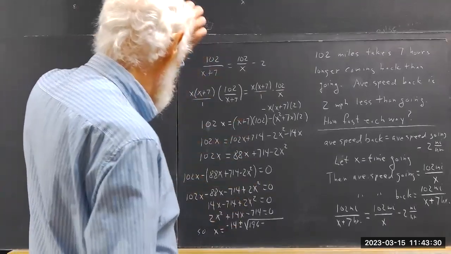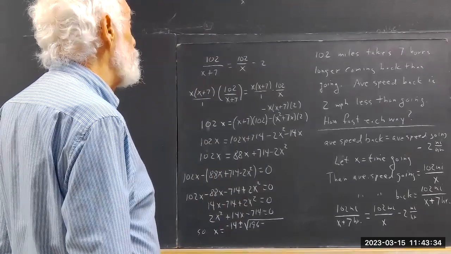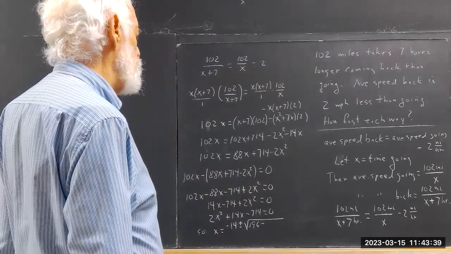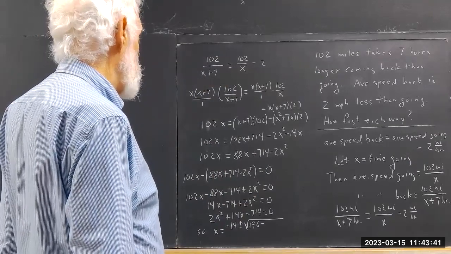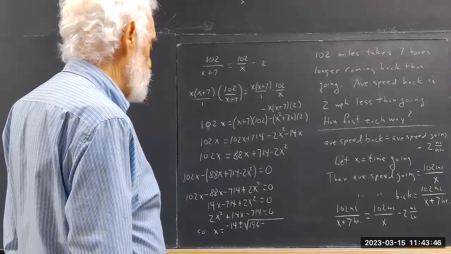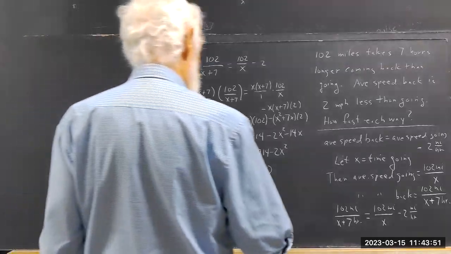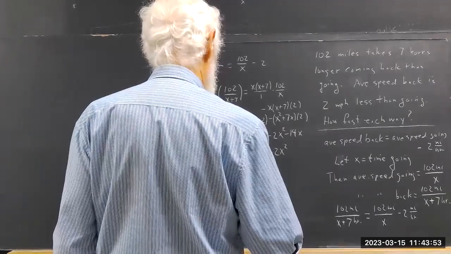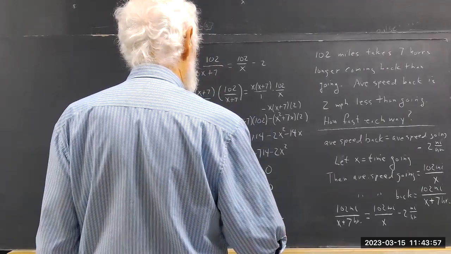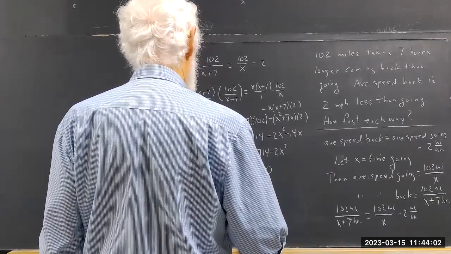Well, 4 times 714 is 2856. Okay, I'm losing my numbers. Okay, 2856. So we get 5712, I think. And that's negative, it's going to make this positive. And that's going to be over 4.